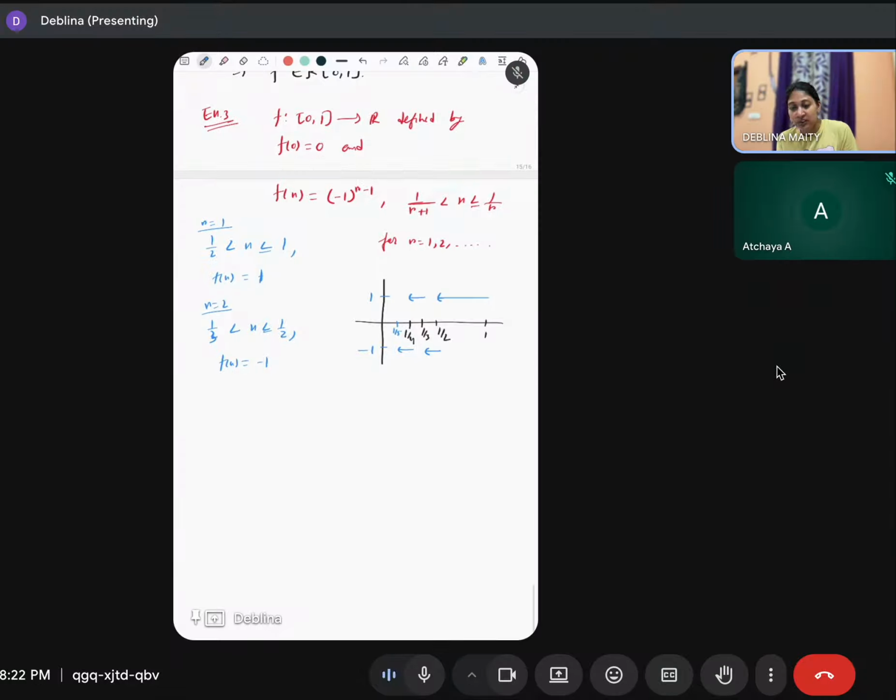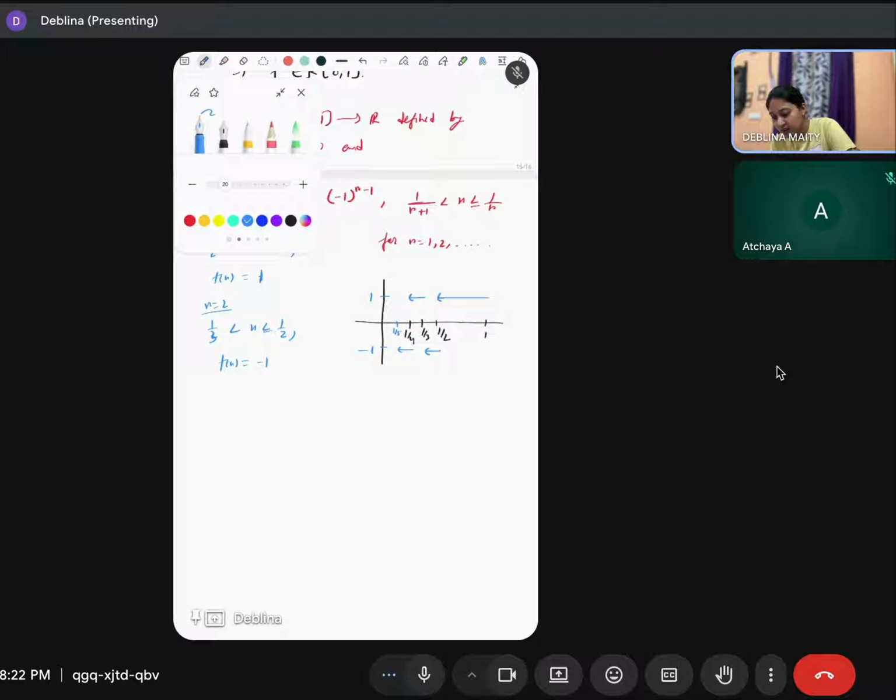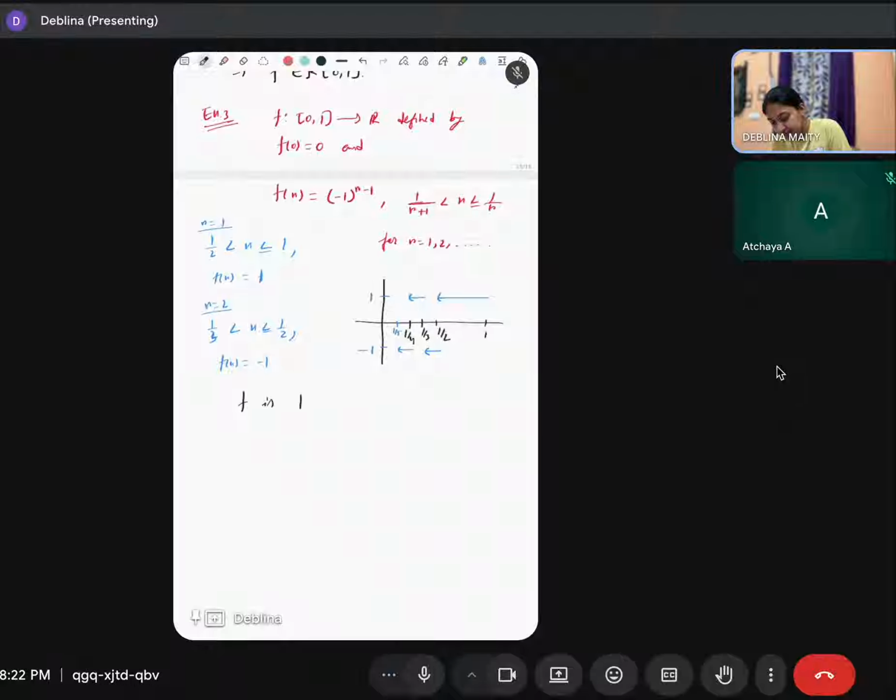So the points of discontinuity are what? So f is discontinuous at x equals what? x equals half, 1/3, at 0 also.